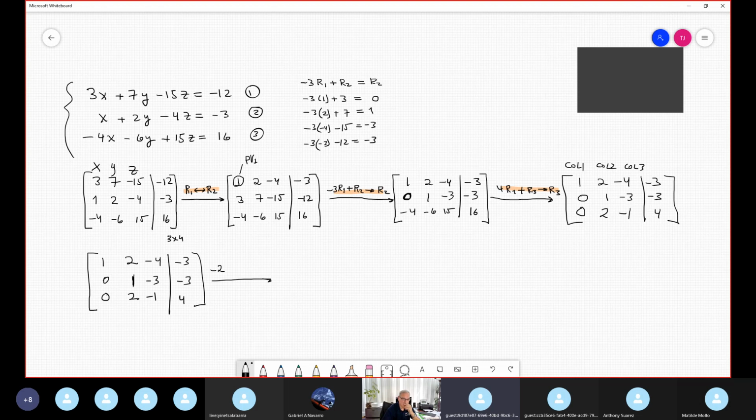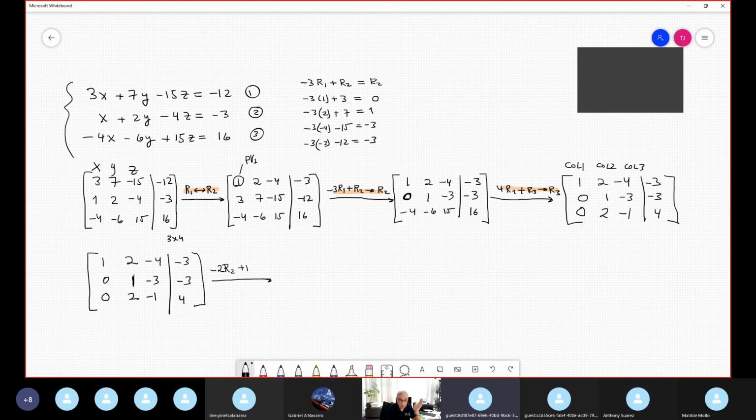So what is the row that contains the pivot in this column 2? What number of row? Is it row 1 again or row 2? Row 2, excellent.